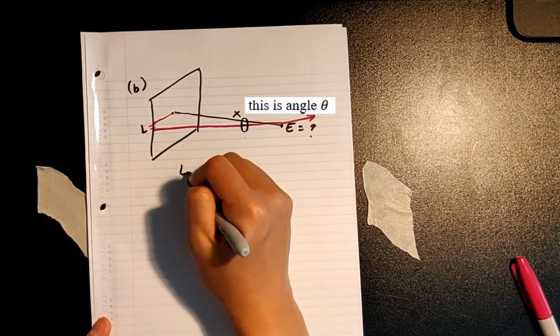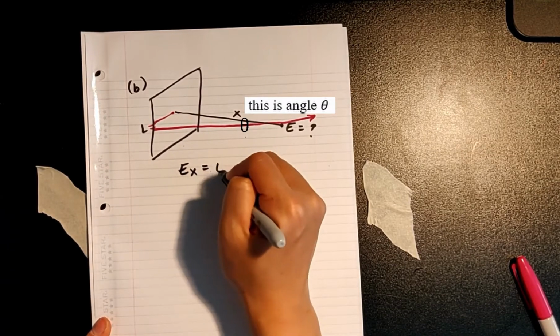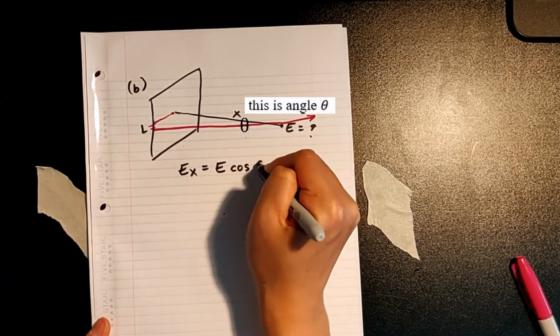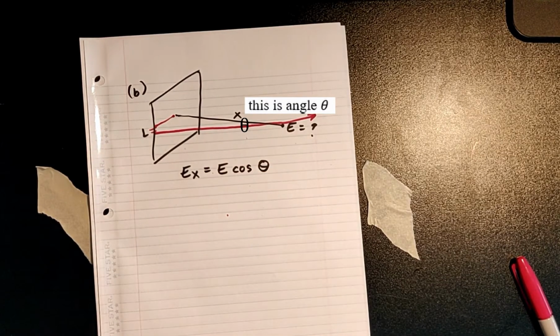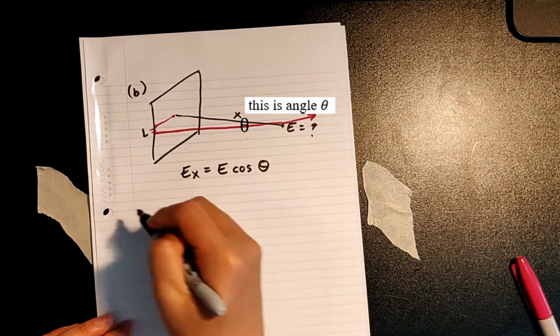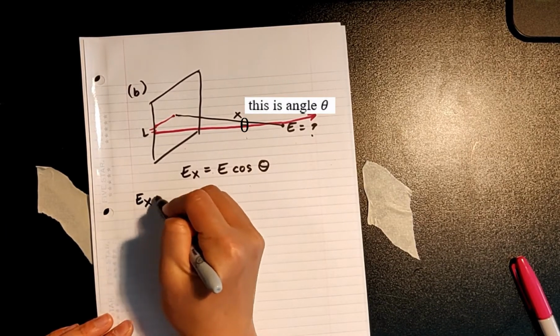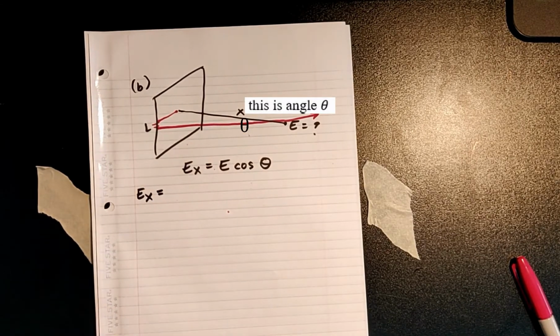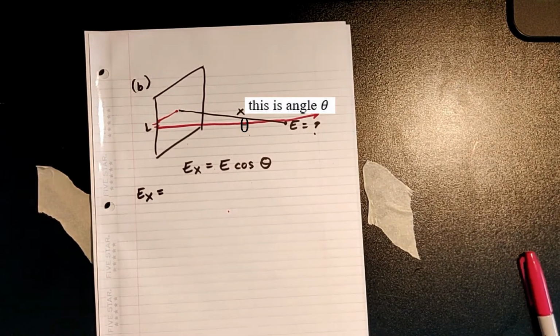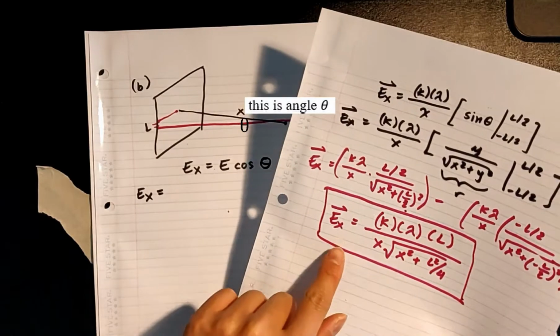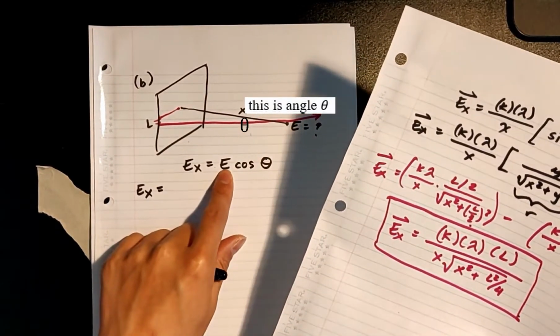So, E of x would then just be equal to E cosine theta, where E, we can just use the E from part A. So this E of x will be equal to this E over here.